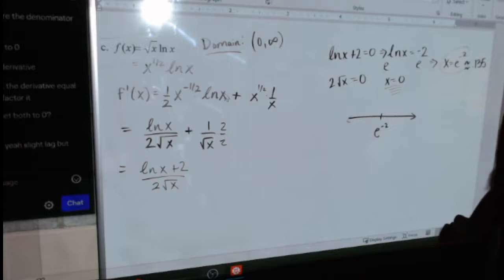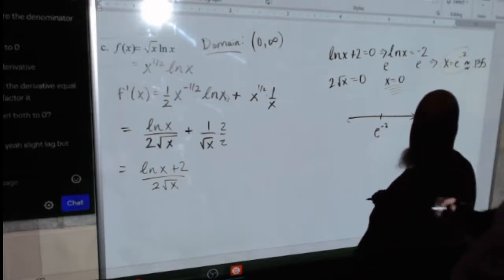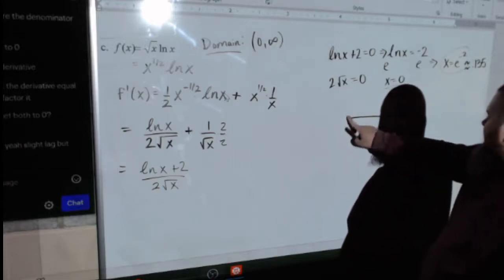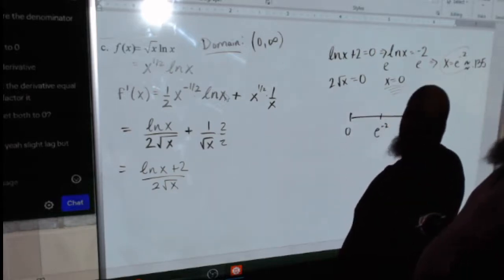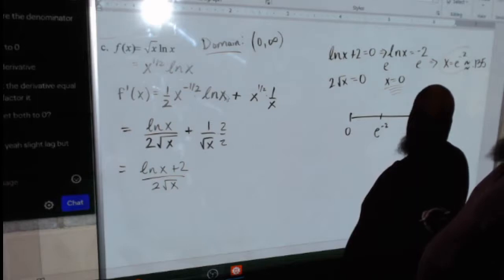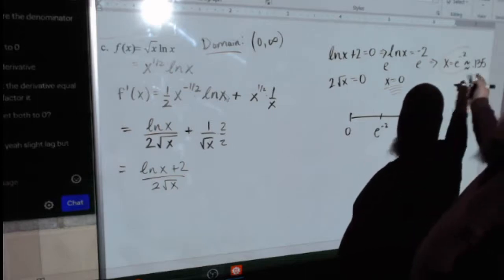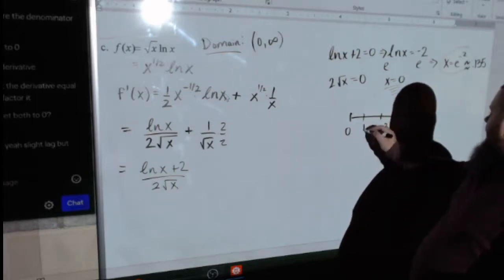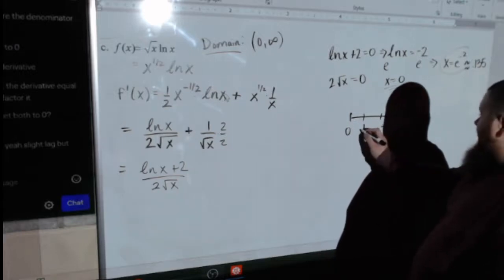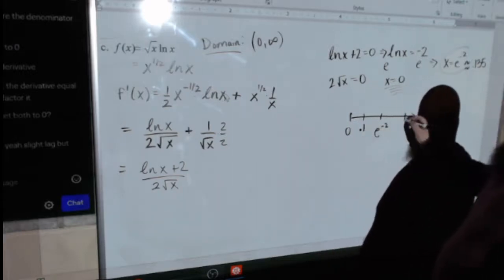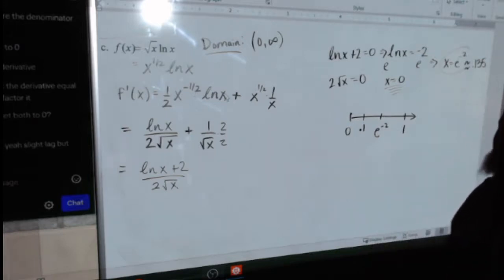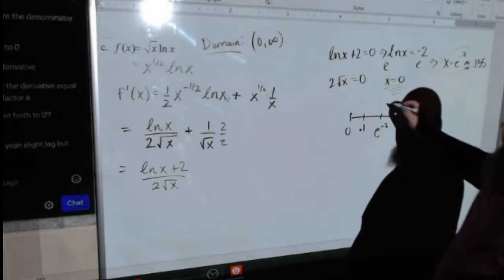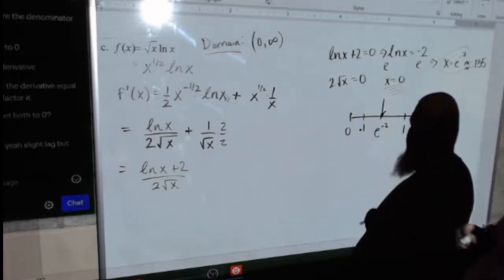We cannot use 0, right? And technically this number line doesn't go on forever. It stops at 0. So because this is 0.135, I think I'm going to use 0.1 on this side. And then over here, I'm just going to use 1. That's a nice, easy number. This is my critical value there.